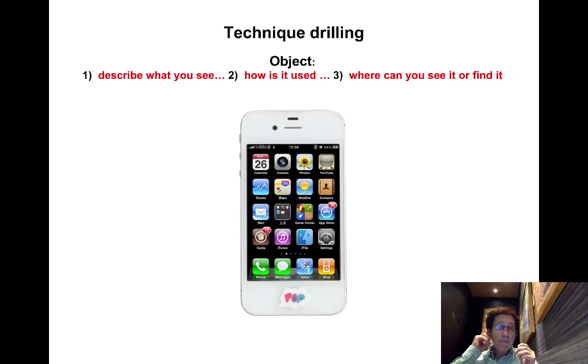Okay, scroll down to page 18. I want you to describe that object with as much detail as you just did when we described the bike. Describe what you see in detail. How is it used, and where can you see it?